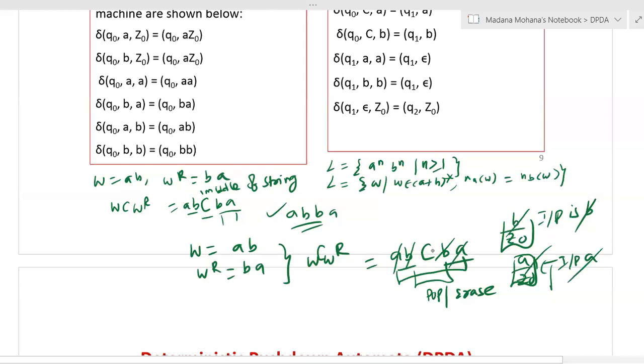So after entering the middle of the string, whenever the top of the stack matches the input symbol, we have to pop. That is the logic of this problem.